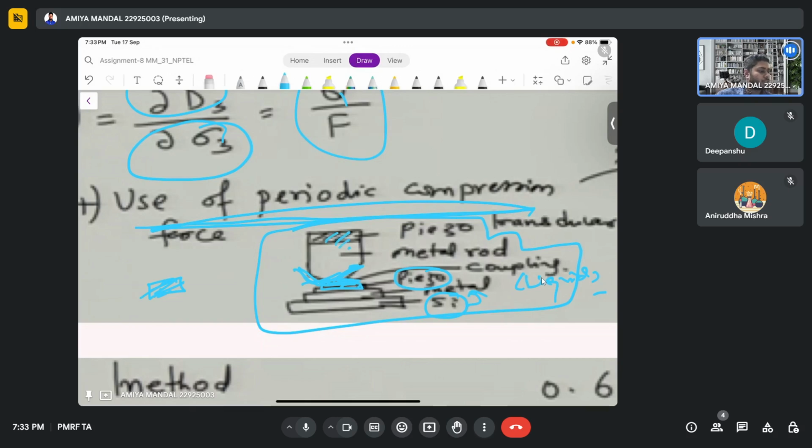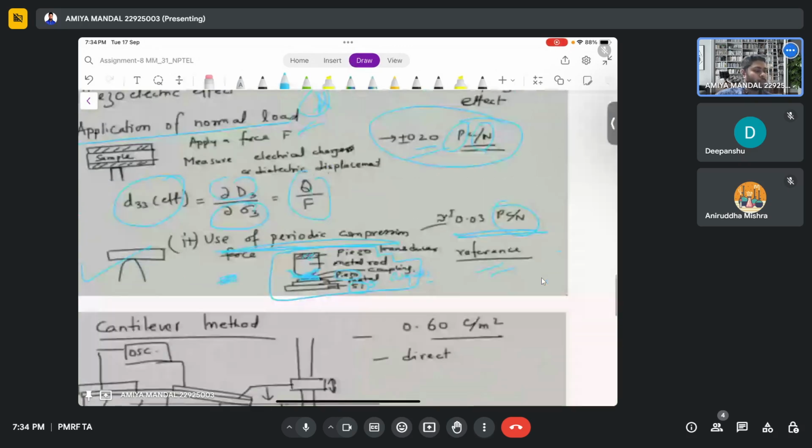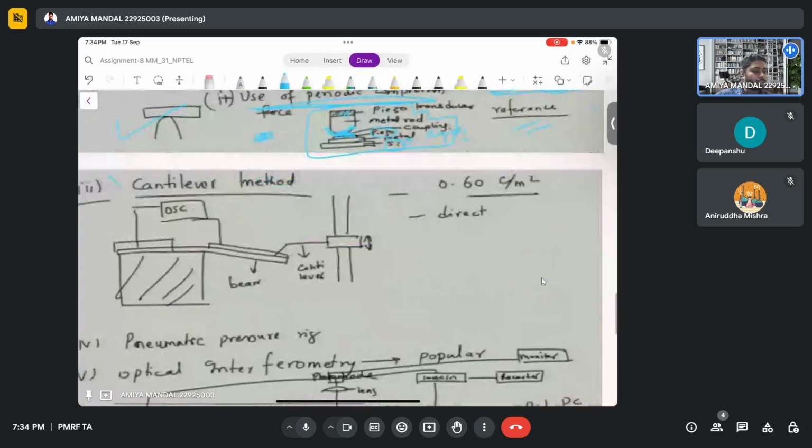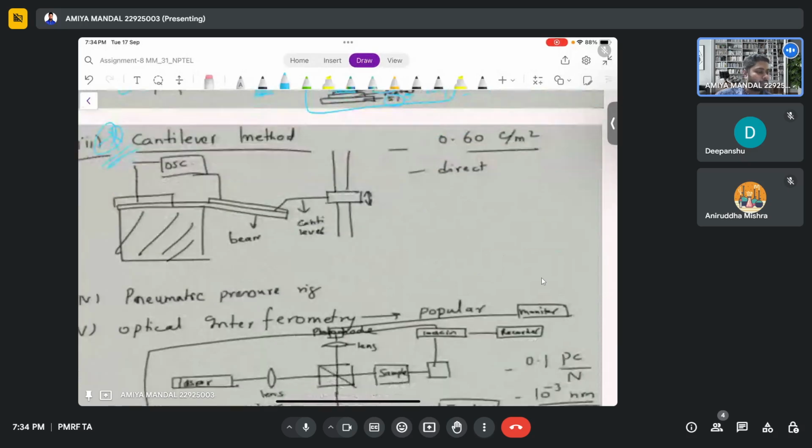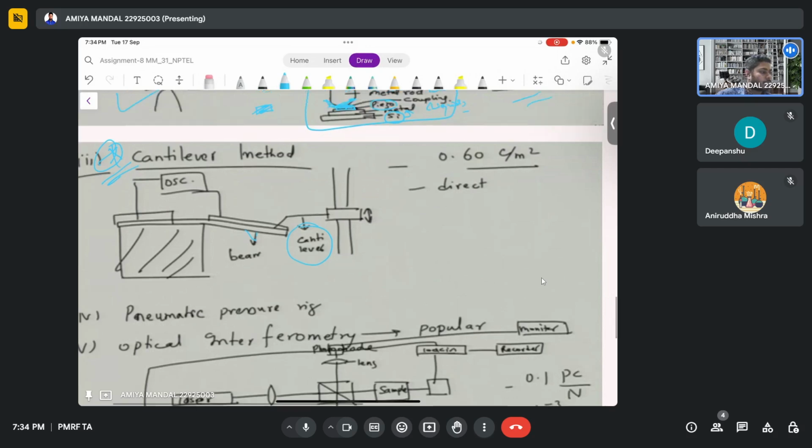So this is the use of periodic compression, and the next is the cantilever method. A cantilever is nothing but a beam which is bent after the application of force, and in this method we can measure up to 0.6 coulomb per meter square.